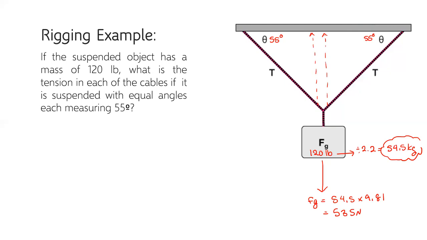So I can use trig to find the tension. So the upwards force, if each cable is pulling upwards, two cables, it splits gravity in half. So we know that the upward force, or I'm going to say half of the force of gravity, I'm going to do this in shorthand, is pulling upward in each rope.